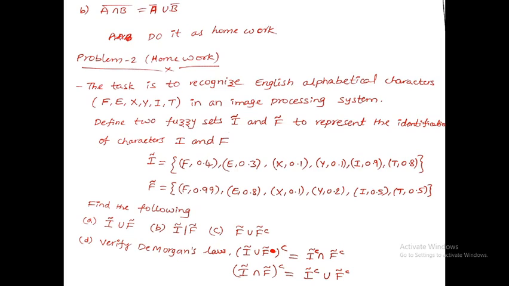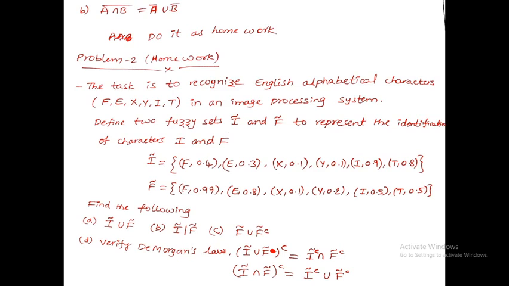Simply that is represented with I function fuzzy set. I and F to represent the identification of characters capital I and capital F. I function and F function to represent the identification of characters I and F. In this problem I have represented complement with C. Superscript C represents the complement.